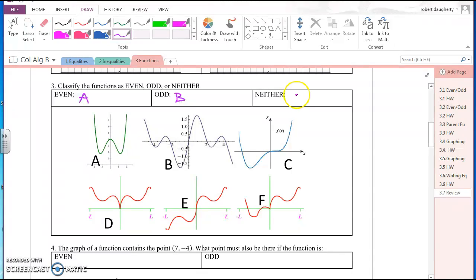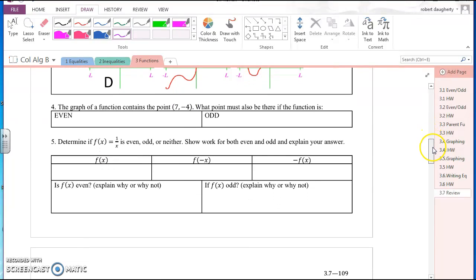Function C is neither. It's neither even nor odd, so it's not the same or symmetrical, and it's not an opposite on either side. Function D is even, and then function E is an odd function. Whatever it does on one side, it's doing the opposite, and function F is neither. So that's identifying functions being even or odd.